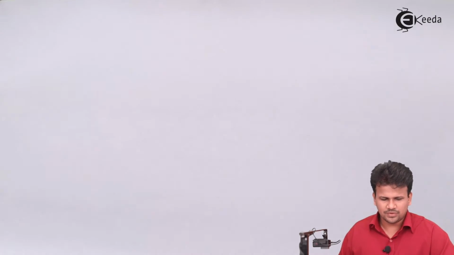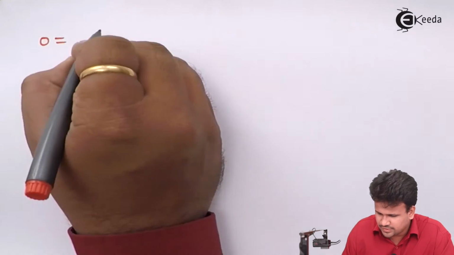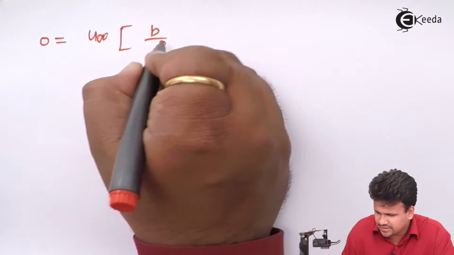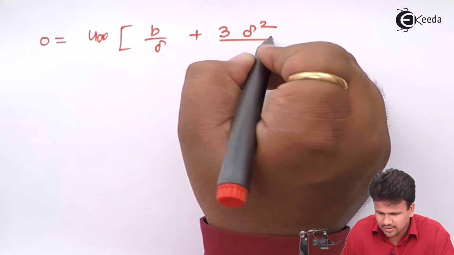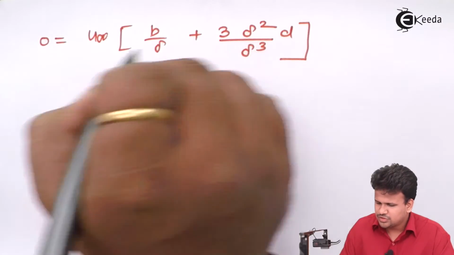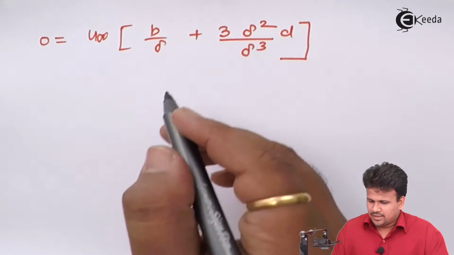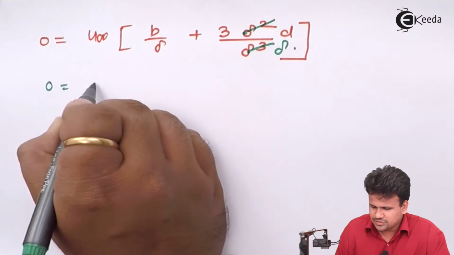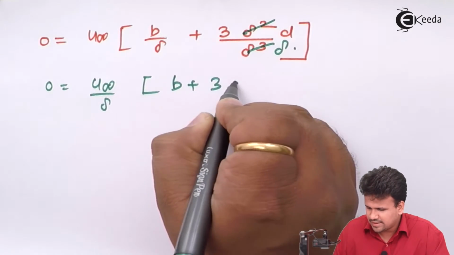Once we substitute the value, we'll get the left hand side equal to 0, and the right hand side will be u infinity into b by delta plus 3 into delta square into d upon delta cube. So this value which we have got, delta can be taken outside, so this is u infinity by delta into b plus 3d.